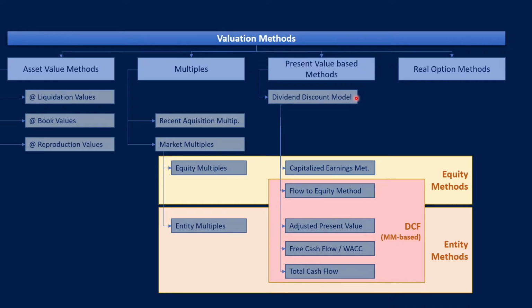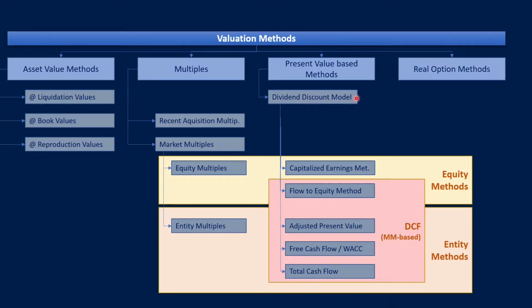Nevertheless, this inherits several problems or disadvantages. First of all, the dividend is not easily forecastable because it depends on the dividend policy of the company. And you cannot forecast the dividend policy.